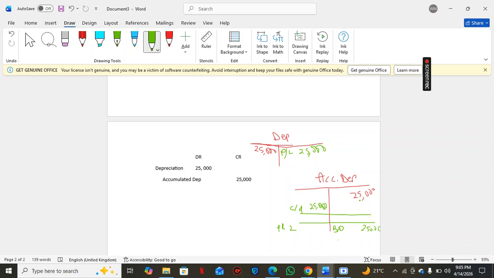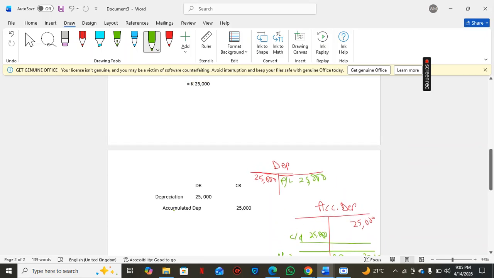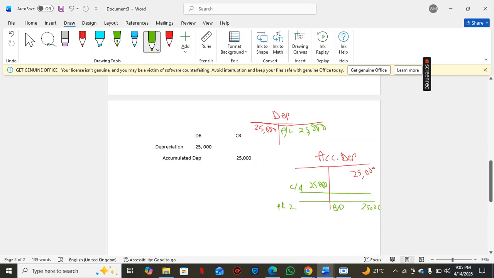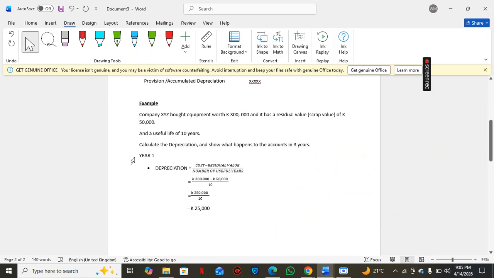So this is what happens to the T accounts. Rarely will you need to show this, but I need you to see the full picture. So after we did this double entry, we have to show what comes in the statement of profit or loss and balance sheet. So for year one, statement of profit or loss, I've labeled it, this is year one.